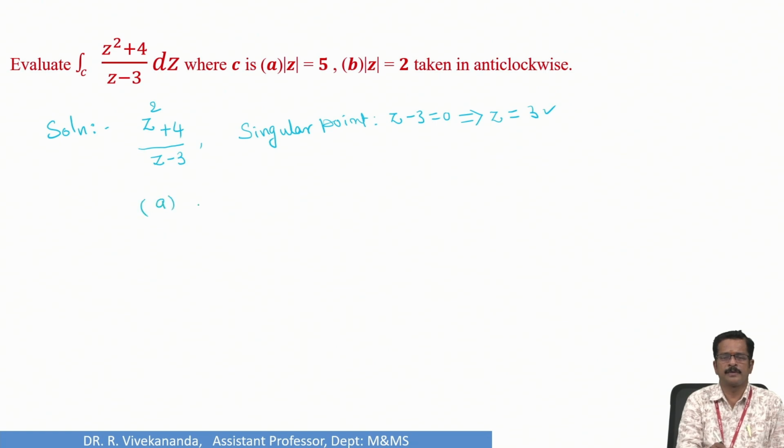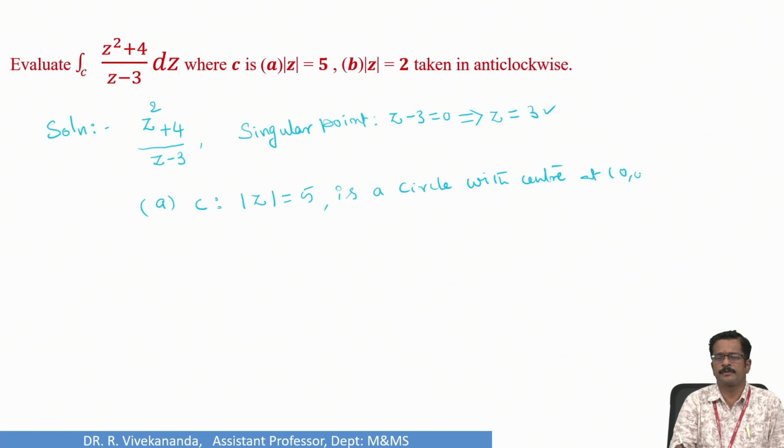Next, you take the curve for question A. What is the curve? Mod z equals 5 is nothing but a circle with the center at origin of radius 5 units.